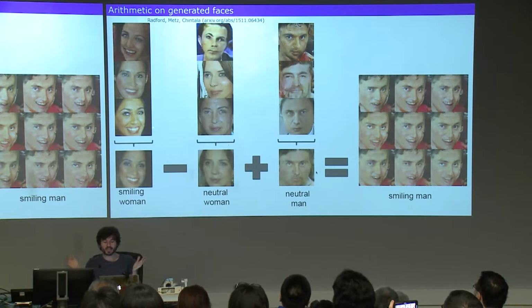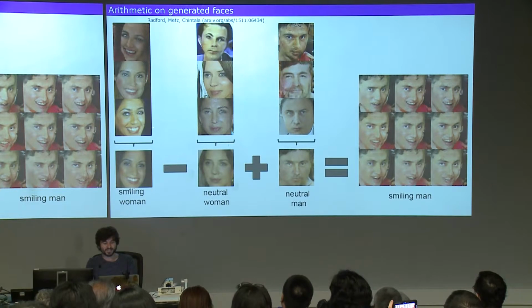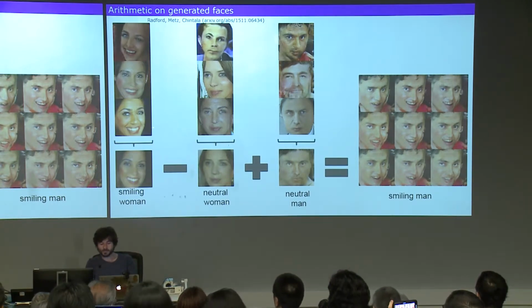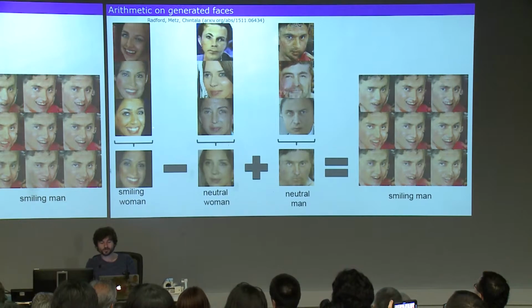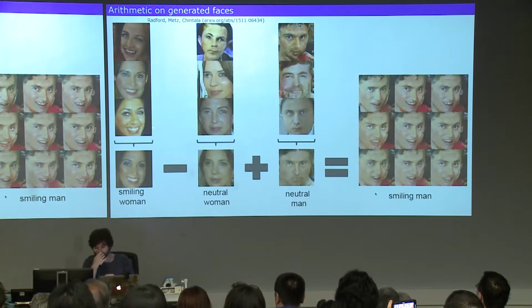So you get smiling woman minus neutral woman plus neutral man equals smiling man, because woman minus woman cancels out, and negative neutral plus neutral cancels out. You're left with smiling man. So you can do arithmetic on this generative space.